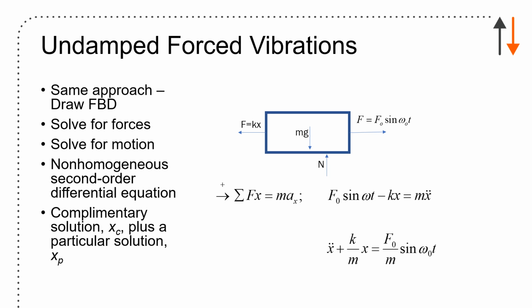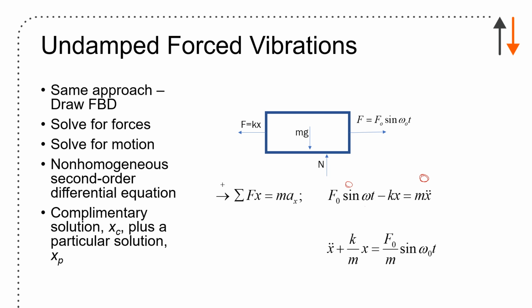The complementary solution is going to be the solution for the case where this term goes to 0. The particular solution is where this term, no, sorry, not this term, this term goes to 0. And the particular solution will include the forcing frequency. So I end up with this term right here.